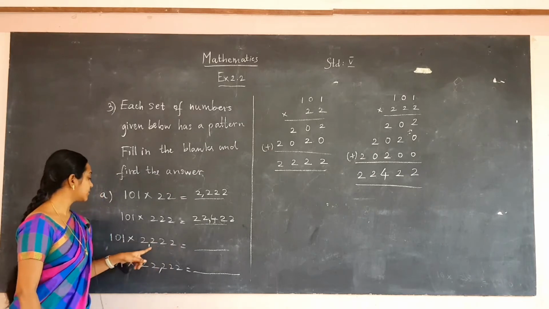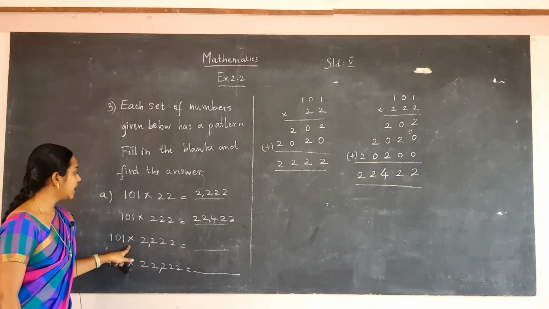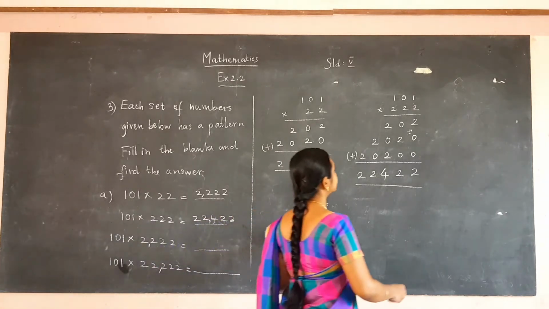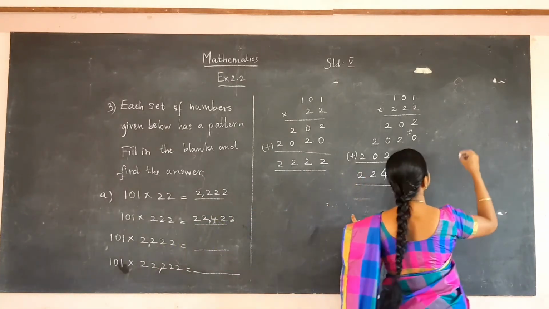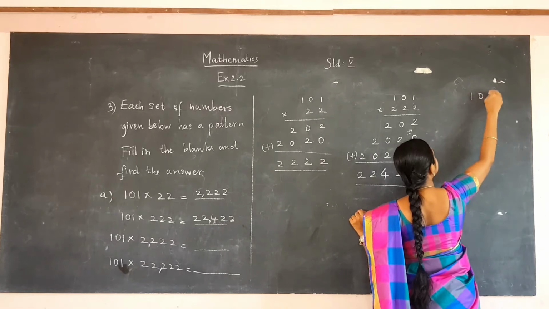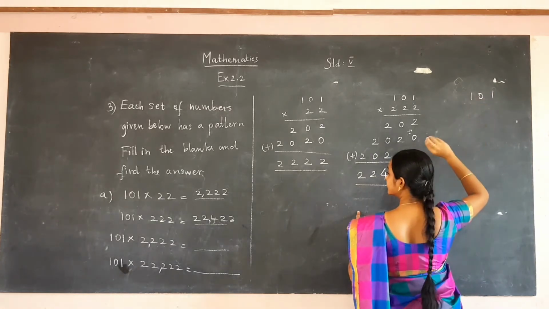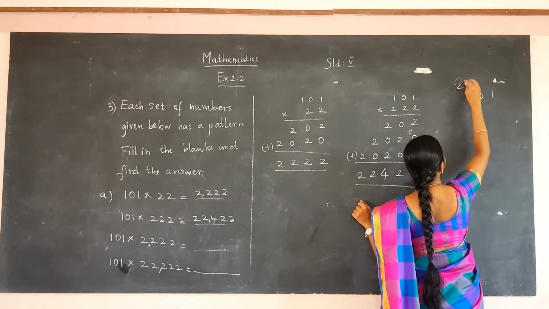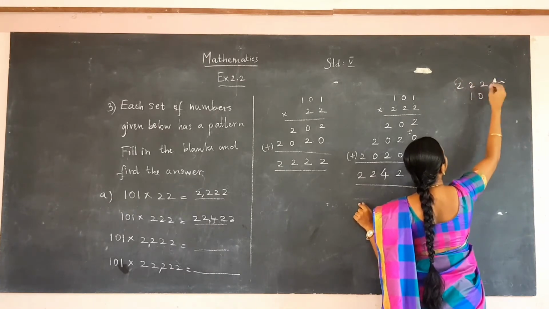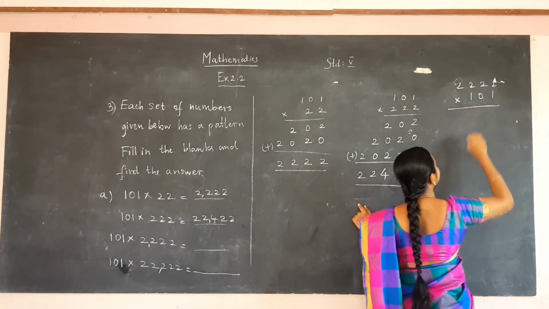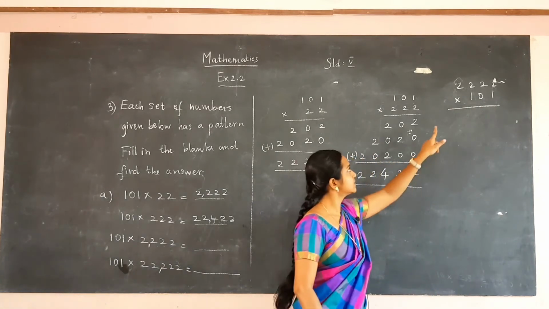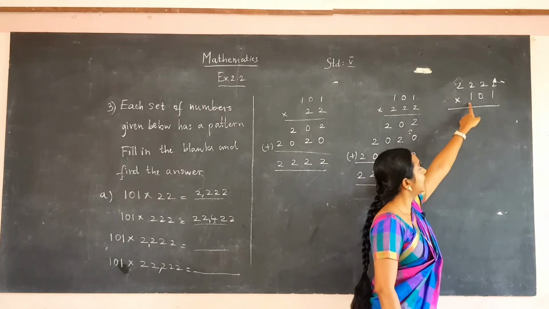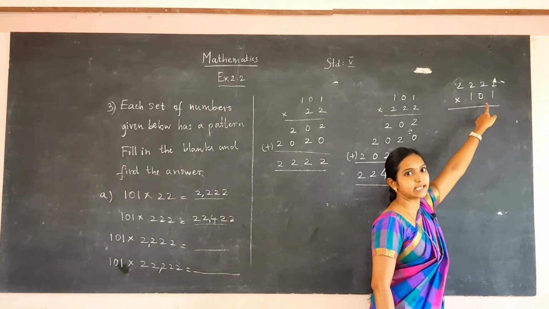So again we are going to multiply 101 and 2222. As 2222 is greater, I have written that first and 101 the second.